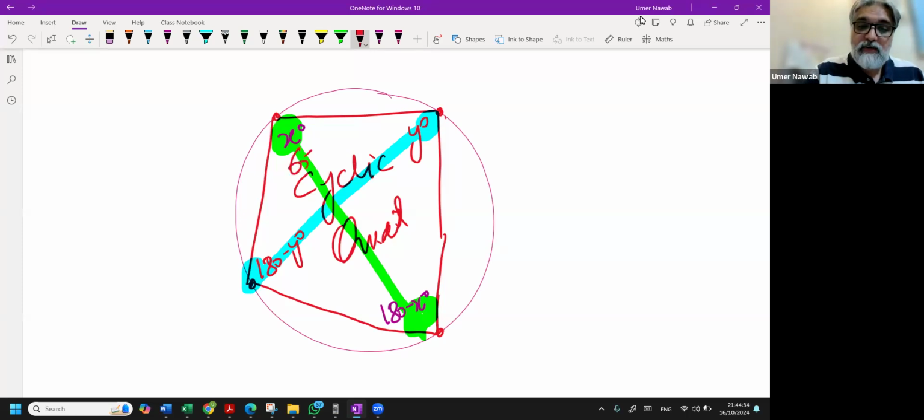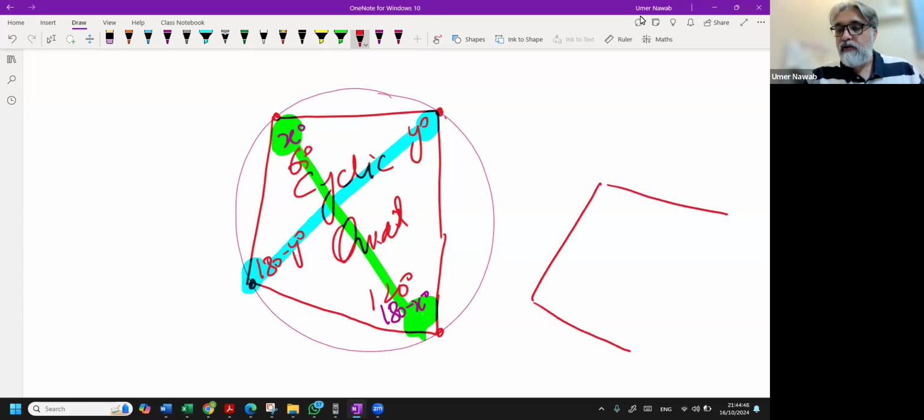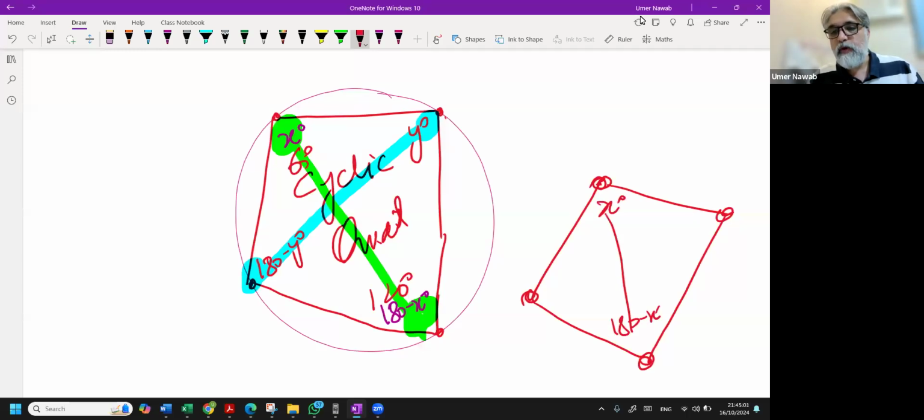If this is 60 degrees, obviously that will be 120 degrees, because 120 plus 60 is 180. That is special only to a cyclic quadrilateral. But if I have any quadrilateral in which the vertices are not on the circumference, no, they are not supplementary. So be careful about that.